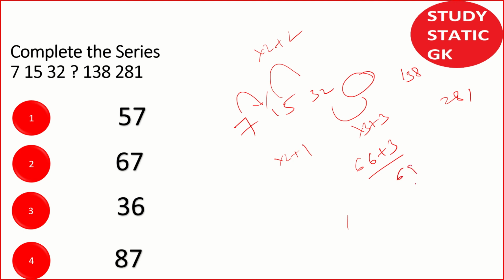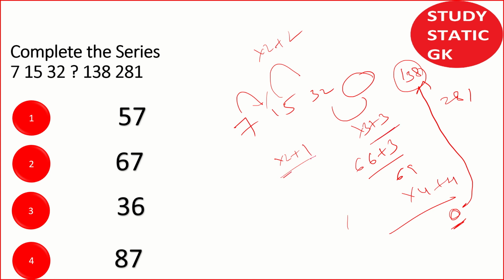So 69 plus, sorry, into 4 plus 4. No, that is not it, because here the units place should be 0, but we are getting 8. So that means not this one. Okay, into 2 plus 1, into 2 plus 2. Again, maybe into 2 plus 1 if we take it. So 32 into 3 and plus 1.